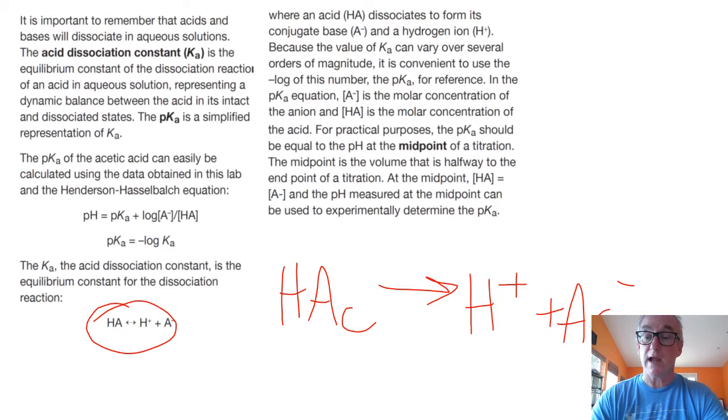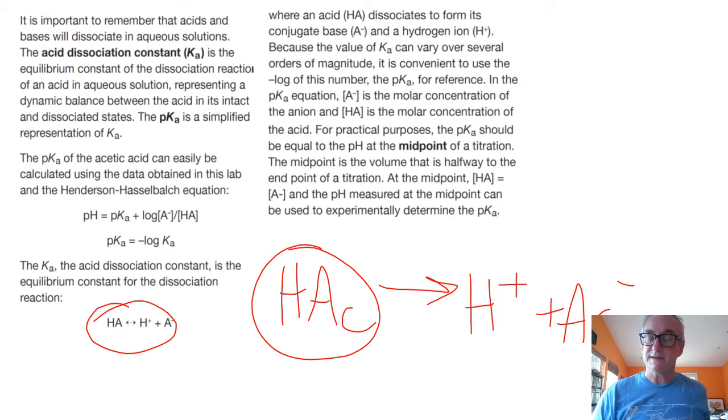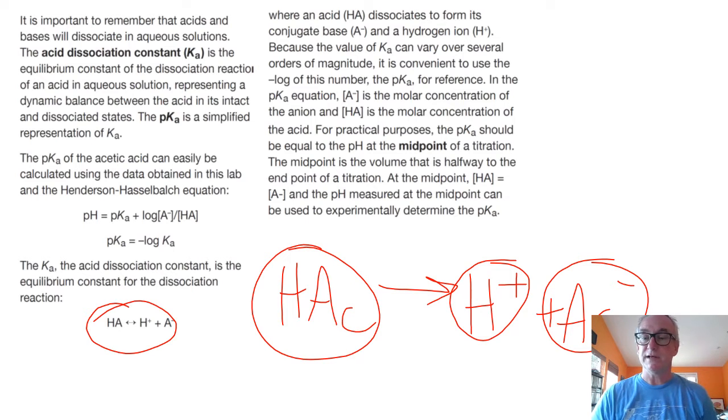If this was a strong acid, it would completely dissociate, and whatever concentration of acetic acid was in solution, I would get the same concentration of protons, H+, and that concentration of acetate ions. But we don't, because it's a weak acid.